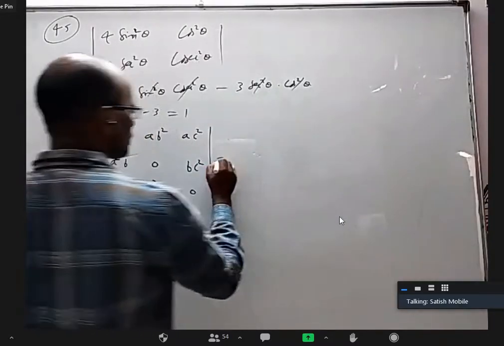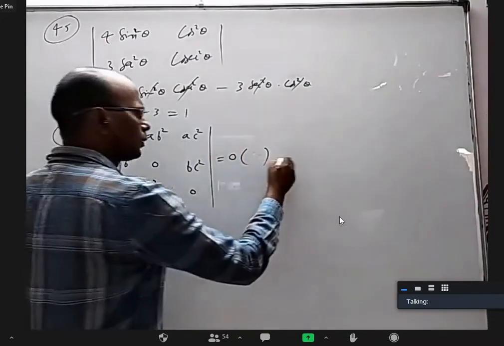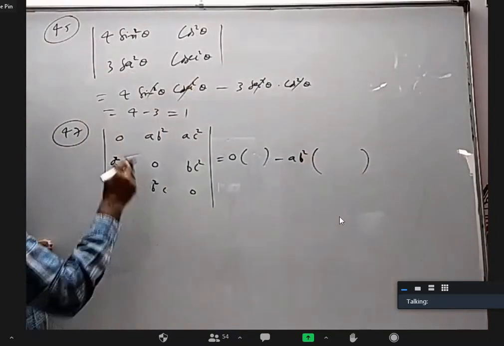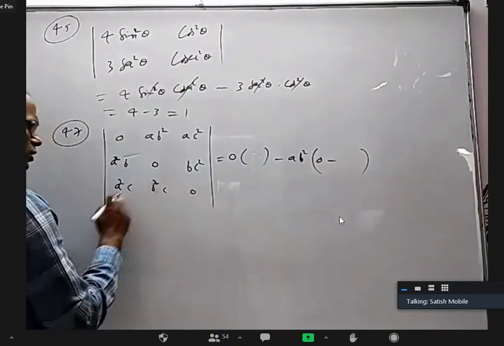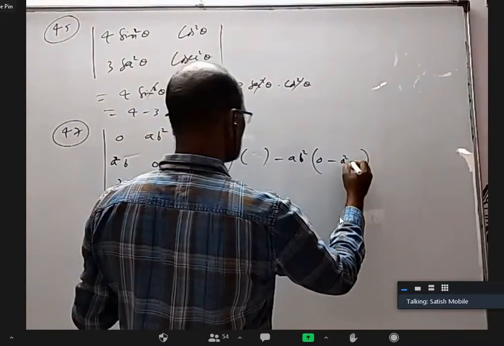Okay, just normally, if I expand 0 into anything, I don't even have to write, it will be 0. Minus AB square into this into this is 0. So I'll get 0 minus this product, which is A square B C cube.